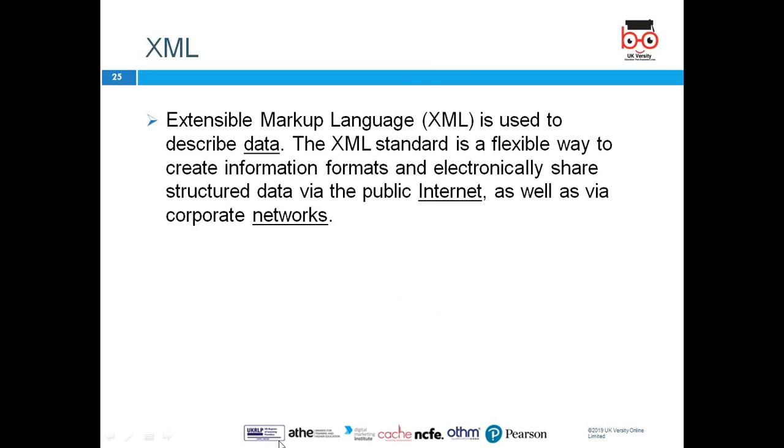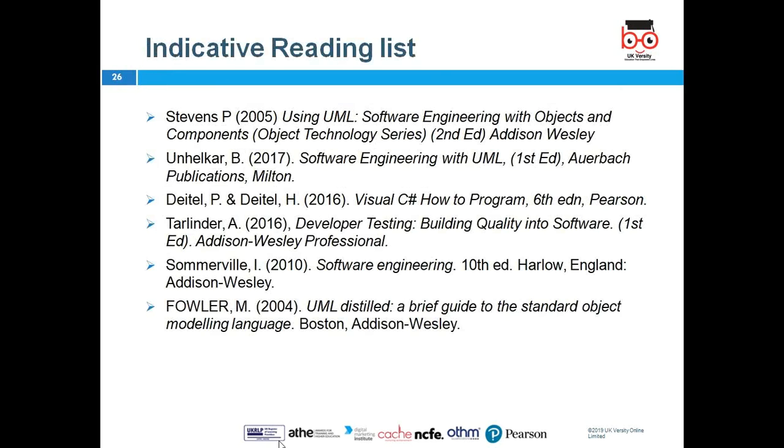And XML basically is the markup language used to describe the data. The XML standard is a flexible way to create information formats and electronically share structured data via the public internet as well as via corporate networks.